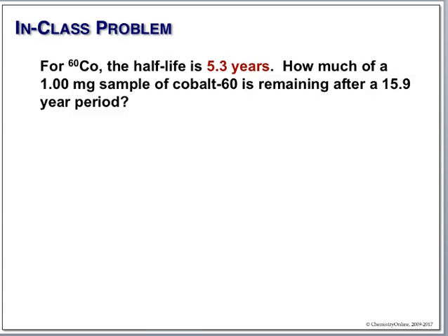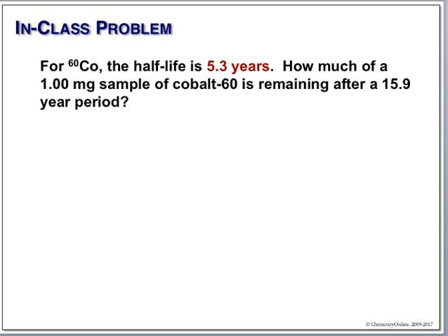Let's look at cobalt-60. Cobalt-60 is used as a radiation source for therapy. Half-life of 5 years. If we have 1 milligram, after 15.9 years, how much cobalt-60 do we have left? Now there's a formula. We're all tired of formulas. Yes, you are. All tired of formulas.